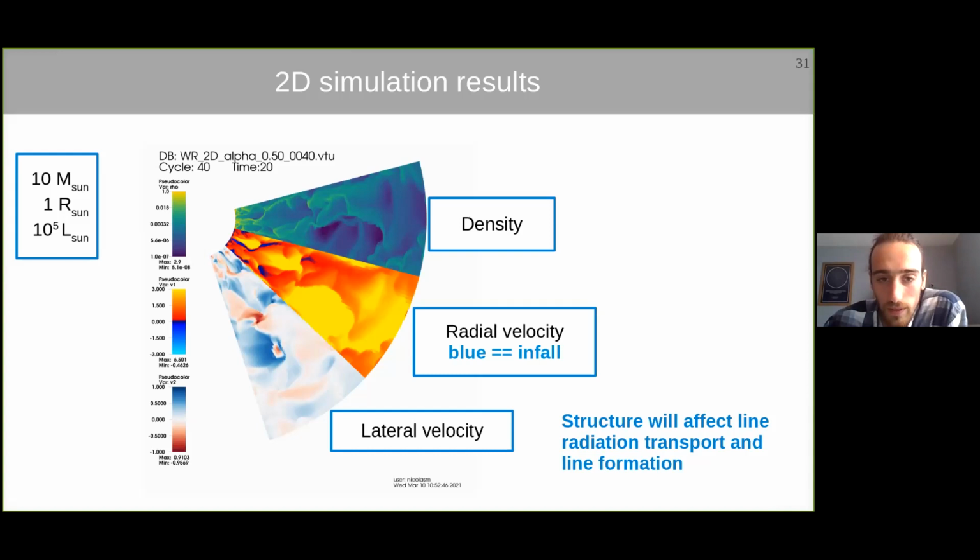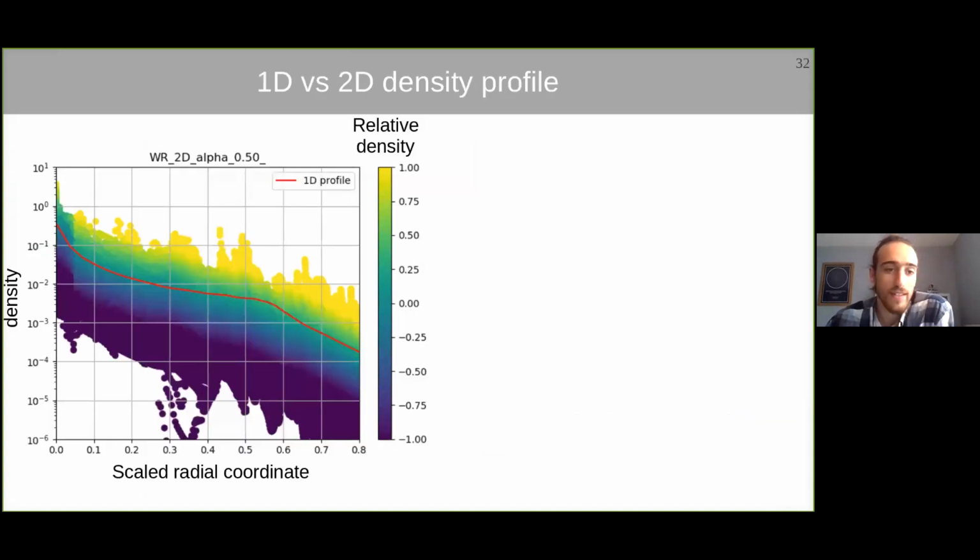So let's try and have a look at the density now when you collapse it to a 1D setting. What I plot here is as a function of radial coordinates. I plot the density of all the finite volume cells that we have for the last snapshot. And I compare this to the red line, which is the density as a function of radius for a 1D model.